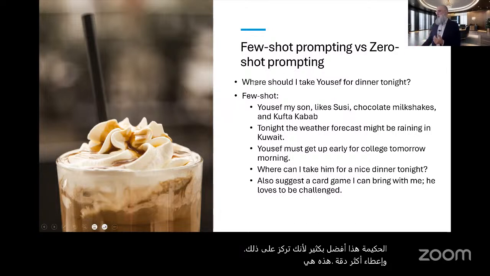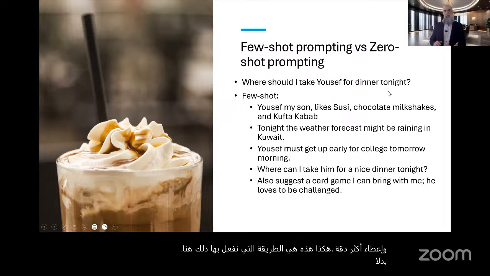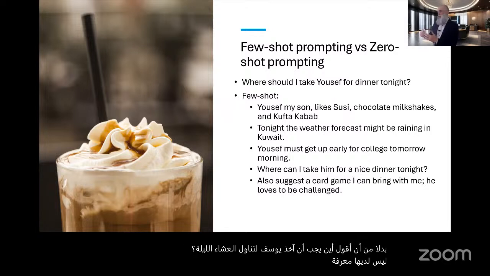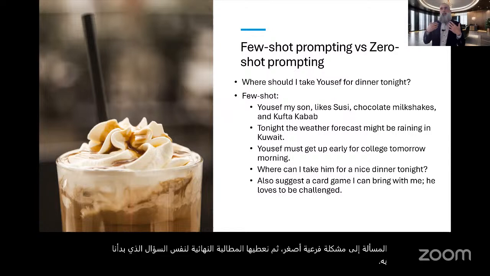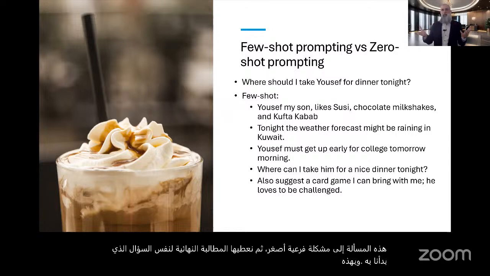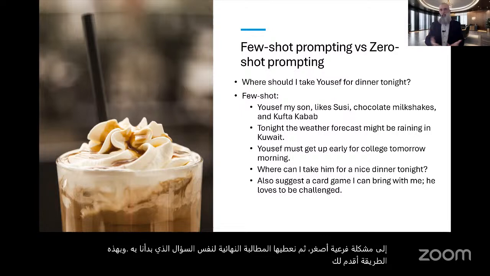So instead of saying, "Where should I take Yusuf for dinner tonight?", it has no background knowledge about it. So instead of this one, we break this problem into smaller sub-problems, and then we give it the final prompt of the same question that we started with. So in this way, I'm showing you how to break big problems into smaller ones, applying it in science, in technology, in art.